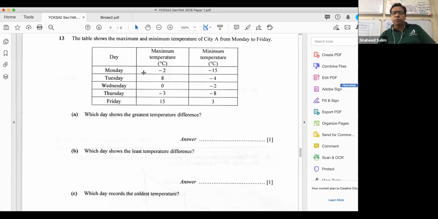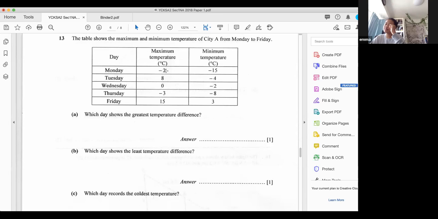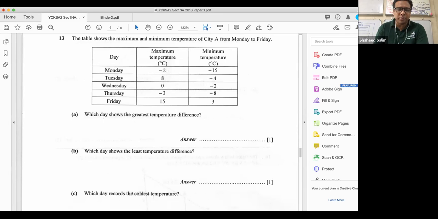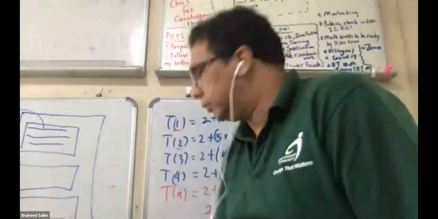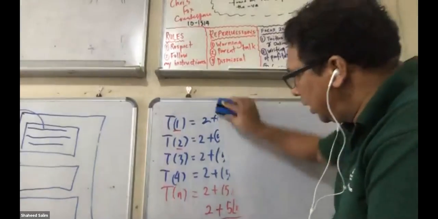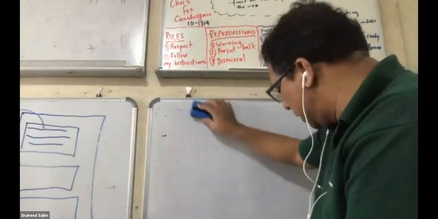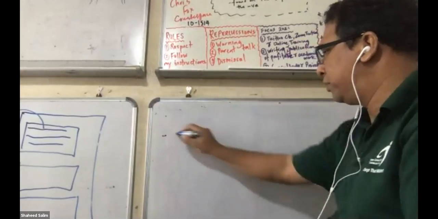Okay, let's go through. Monday, what's the temperature difference? 18 minus 18. No, not minus 18. Oh, wait. There's no minus in the difference. You got to see it on a number line now. That's why now number line is important because it's a graphic representation.